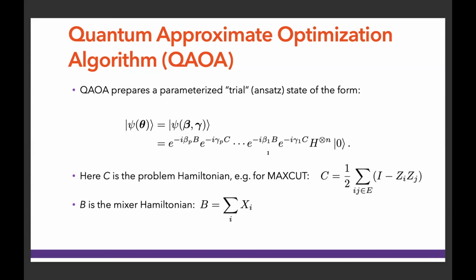The second one is a time evolution with this Hamiltonian, which is called the mixer, which essentially mixes together the probability amplitudes of different quantum states. And we just repeat these layers of alternating operators a number of times. And we let the evolution times be free parameters.